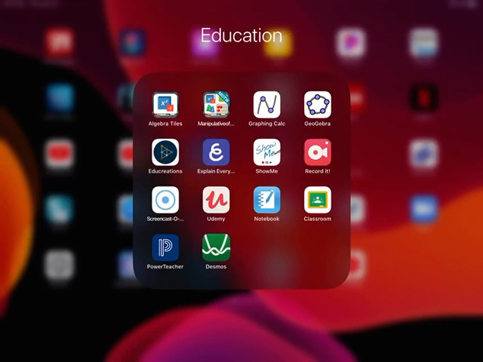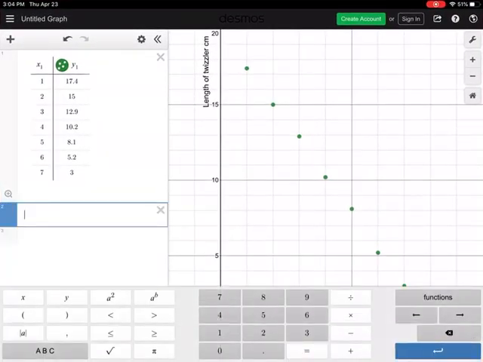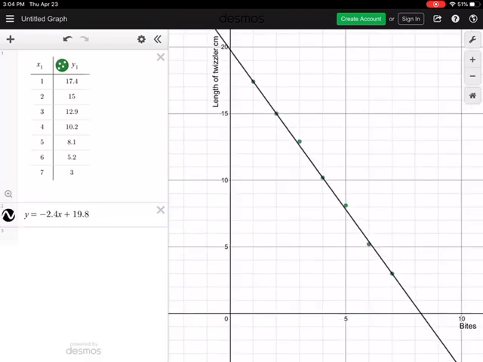Now we're going to check it on Desmos and actually graph it on Desmos. So let's flip back to Desmos. Okay. And now in line 2, you could actually type the equation. Y equals -2.4x plus 19.8. And there it is.